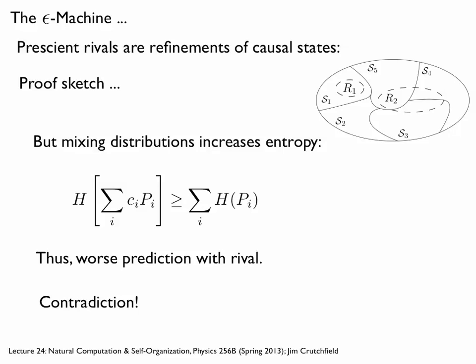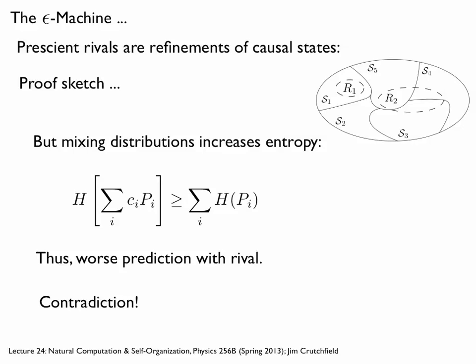The problem is that if you mix distributions, you increase the entropy. In other words, you make worse predictions. Again, R2 is ignoring distinctions between pasts that lead to different predictions, therefore you can't do any better, or you do worse, I should say.